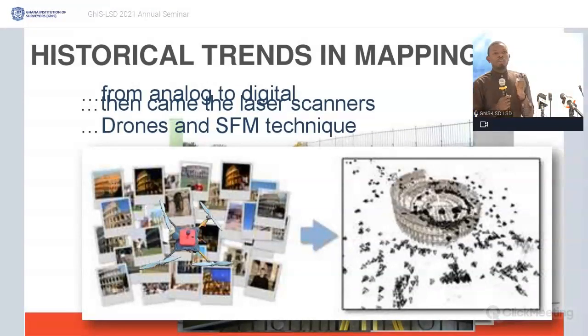And now we are coming to drone technology and structure from motion technology. Why is this very important and a game changer? The structure from motion technology and drones is making it possible for us to use standard grade cameras and sensors to do mapping.